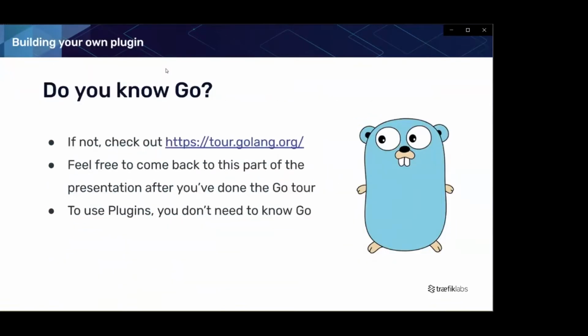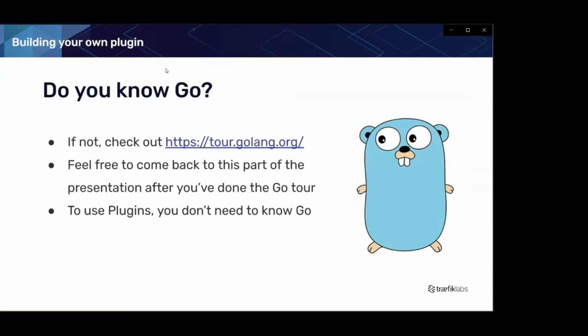So in the next part of this talk, I'll be building a plugin from the ground up. Knowledge of programming in Go is going to be helpful if you want to follow along, but if you're unfamiliar with the language, you should really consider brushing up on some of the basics with the Go tour before attempting to do something like this on your own.